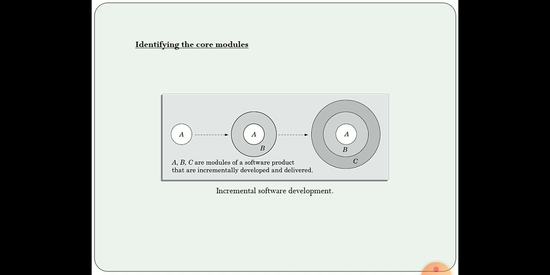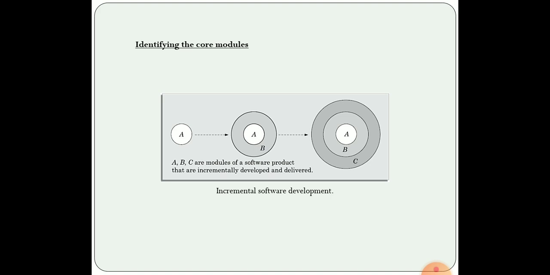So, the first task in the evolutionary development model is to identify the core modules. So, what is a core module? Core modules are the most independent modules in a software.